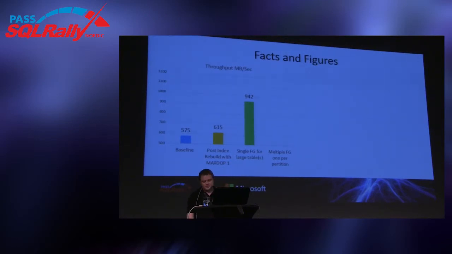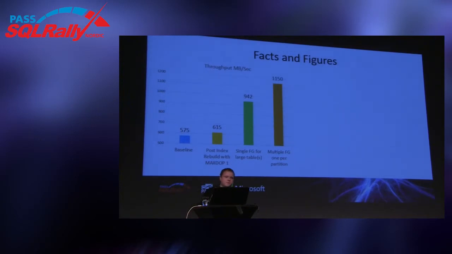And then, well, I was having a slow day, so I moved it out into multiple file groups, one per partition, and we doubled the throughput. So 1150 we hit, all right? Literally double the throughput just by moving it out into a different file group: same data, same indexes, same queries. And coming from a DBA world, I loved this.